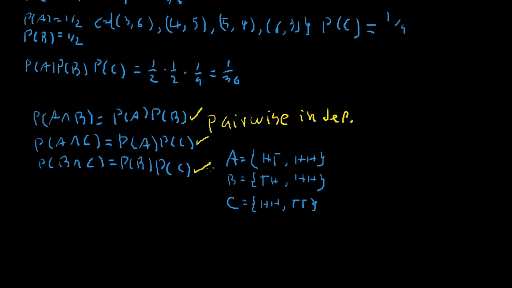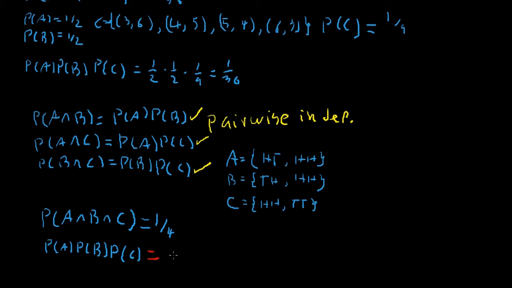That's good. So what about the probability of A and B and C? Well, this is equal to a quarter because the only outcome they all share is heads, heads. But if I multiply P of A, P of B, P of C together, that is going to equal an eighth, and that's definitely not a quarter.